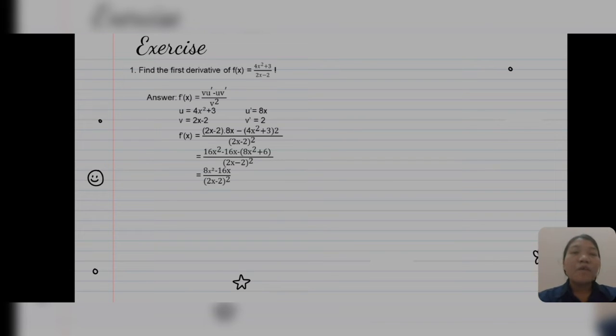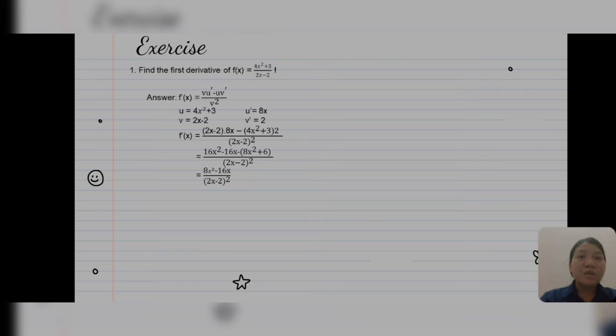So we got open parenthesis 2x minus 2 close parenthesis times with 8x minus open parenthesis 4x squared plus 3 close parenthesis 2 per open parenthesis 2x minus 2 close parenthesis squared.